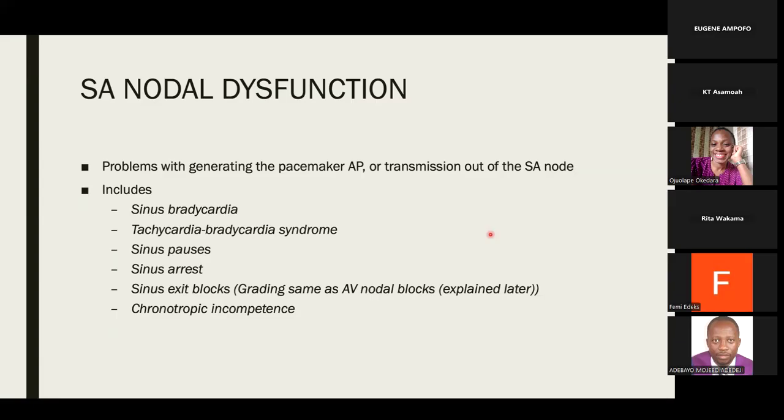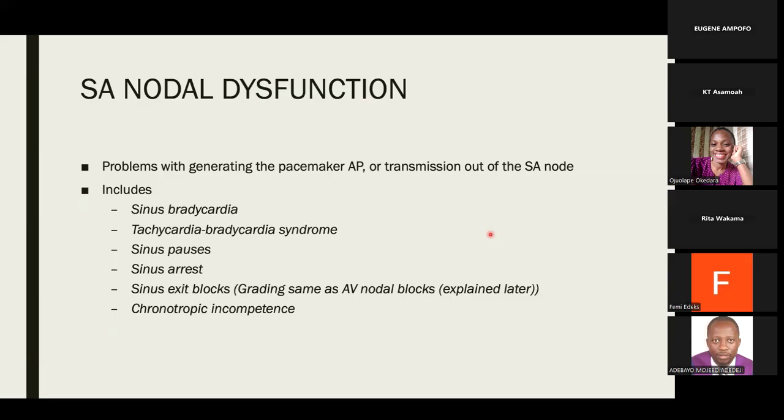Now, the difference between sinus pauses and sinus arrests is that with a sinus arrest, the SA node stops, it goes to sleep completely, and then at some point it starts to fire again.